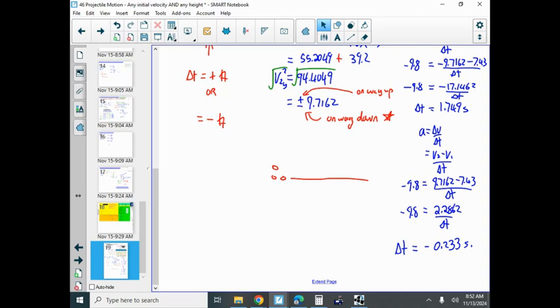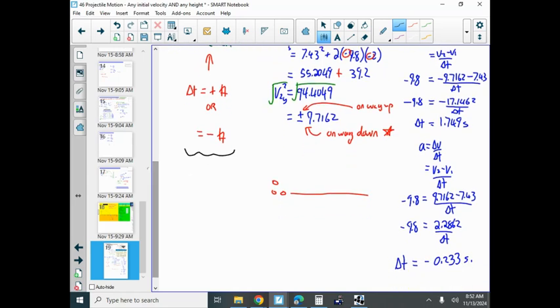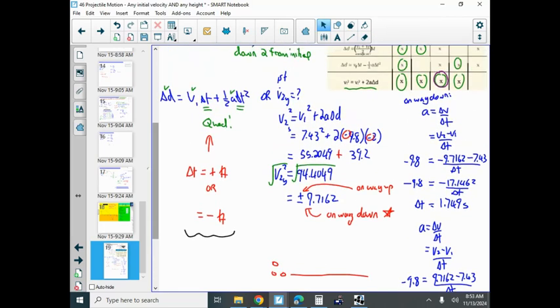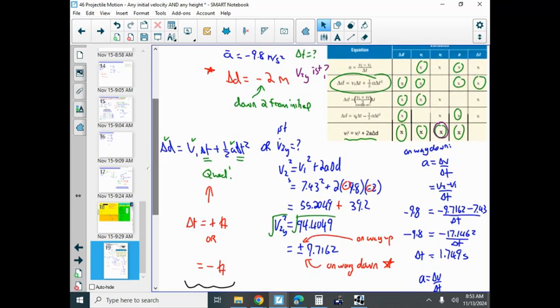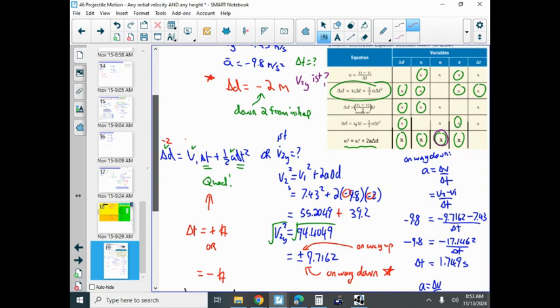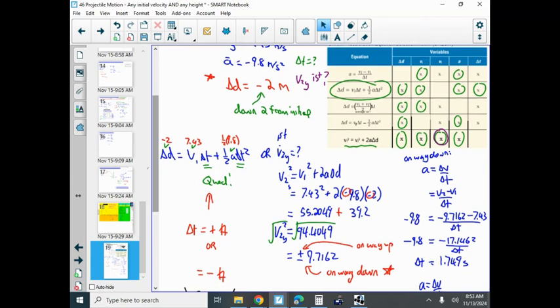Okay, so for yourself, you could do the quadratic formula here. If you want to set it up, delta t, oh, actually I didn't do the equation even yet, did I? So the equation would have had a negative 2, a 7.43, and a 1/2 of the negative 9.8. I guess I need to do a little work to even just set it up.